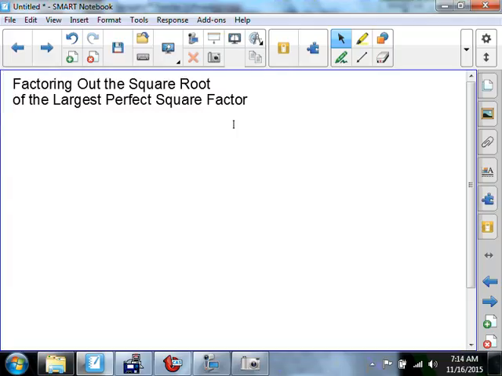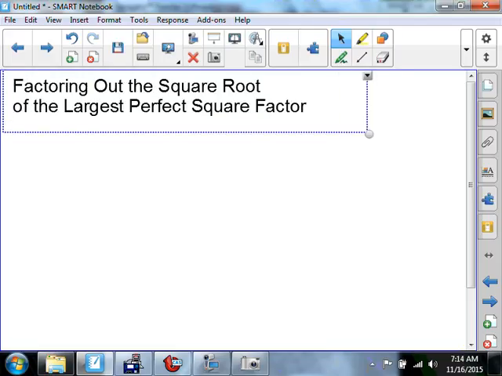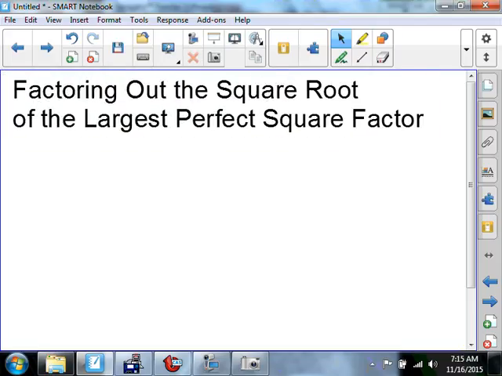So this is another way that we could think of simplifying radicals. Simplifying radicals is really factoring out the square root of the largest perfect square factor. That's the process that goes on when you simplify a radical.